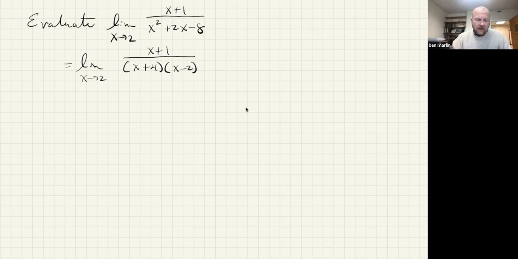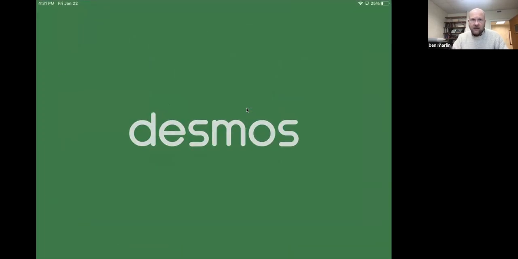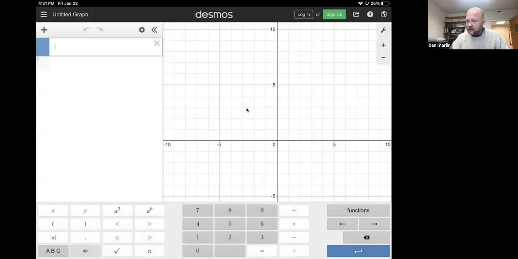So we need to take a look at a graph of this. Fortunately, I have Desmos on here, and hopefully, if things worked out right, y'all got Desmos pushed out to your iPads. So I'm just going to graph it.